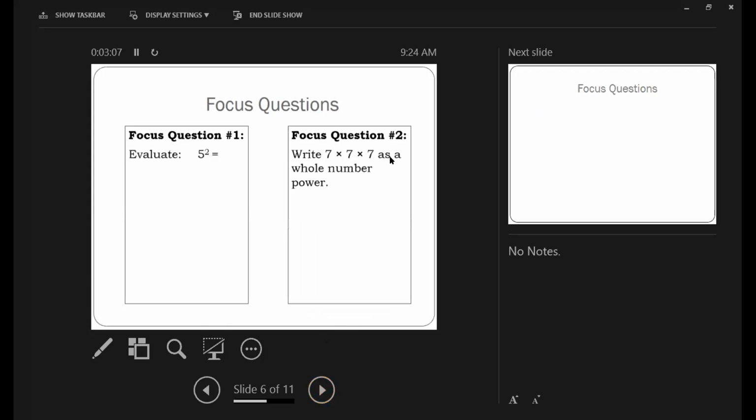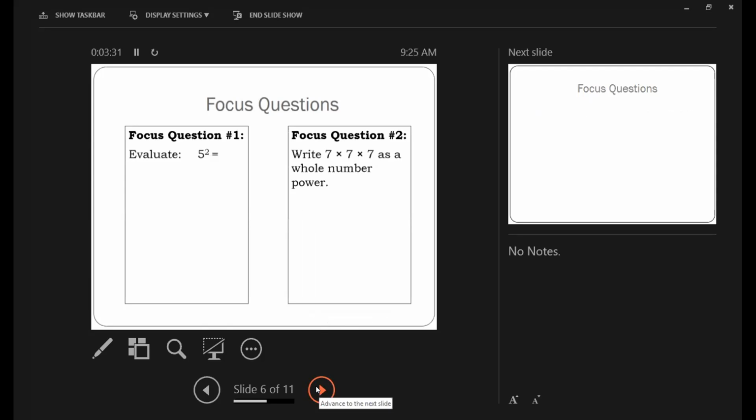If we have repeated multiplication and we want to write it as an exponent in the whole number powers, here you've got 7 times 7 times 7, which is 7 to the third power. Exponents come into play and are extremely helpful in a lot of scientific situations.